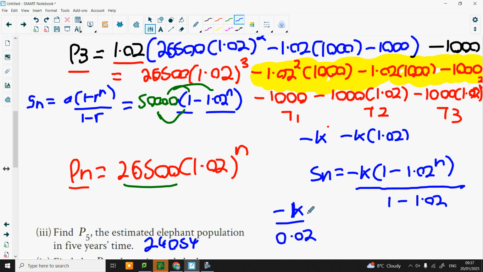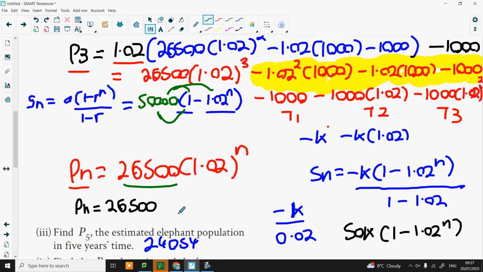Is it 50? So by that logic, what's minus K divided by 0.02? 50K, is that all right? So what we're going to have is 50K into 1 minus 1.02 to the power of n.